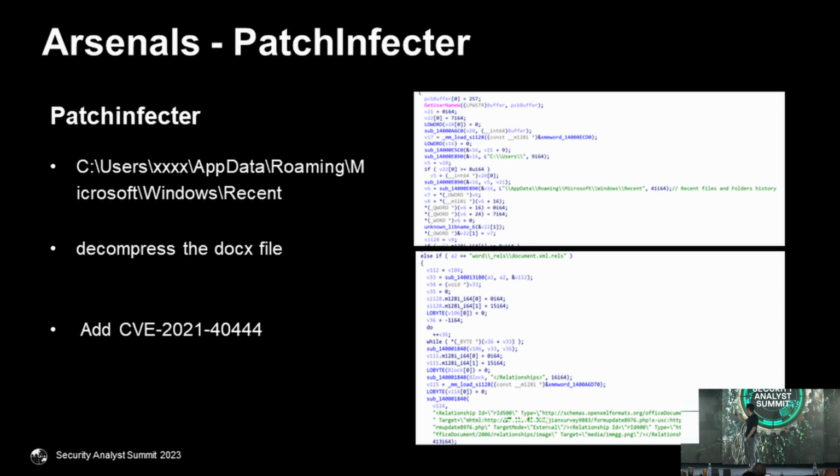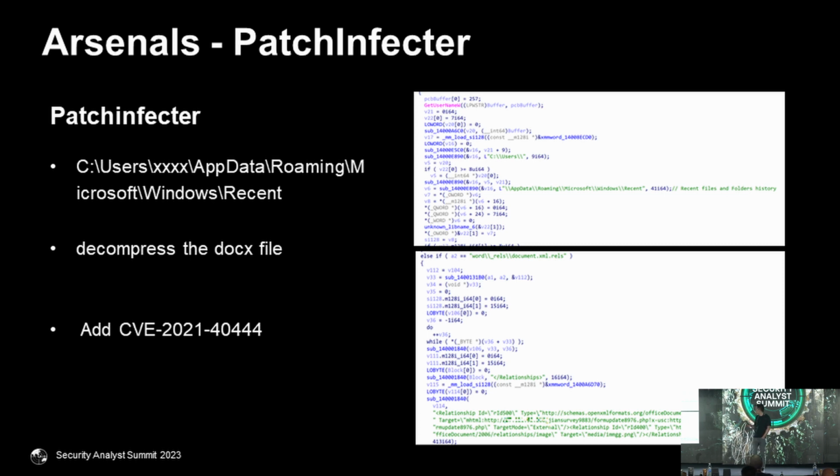From the code in the right picture, we can see that it tried to find the files under the directory. It's trying to find the recently opened Word files, and then in the next step, it will decompress the Word file, and then add some document.xml file into the DOC files and recompress back to a Word file.